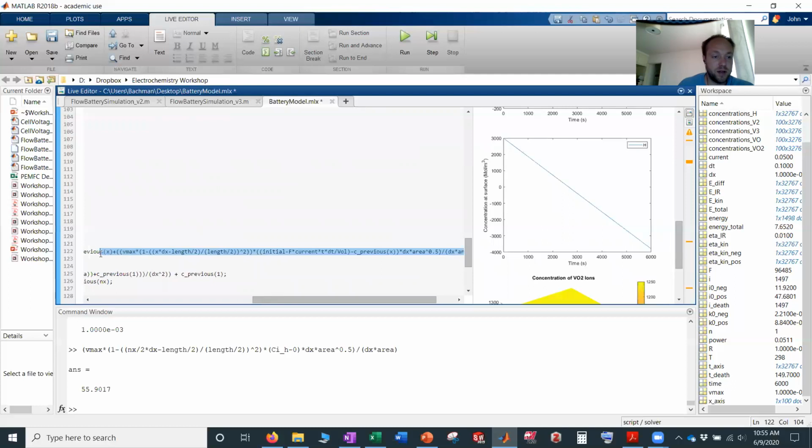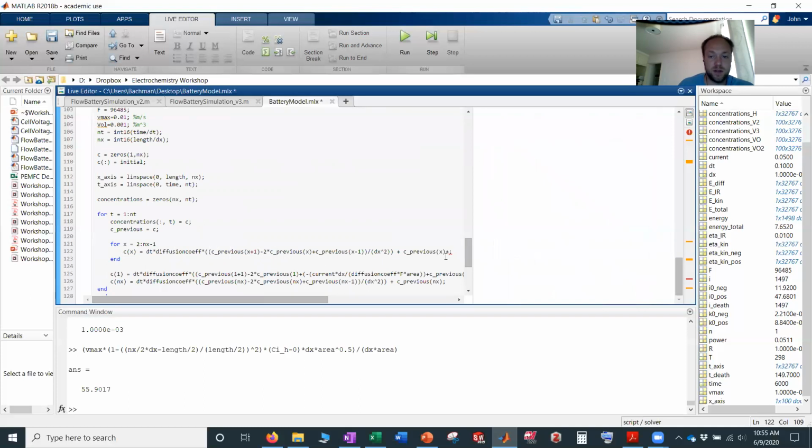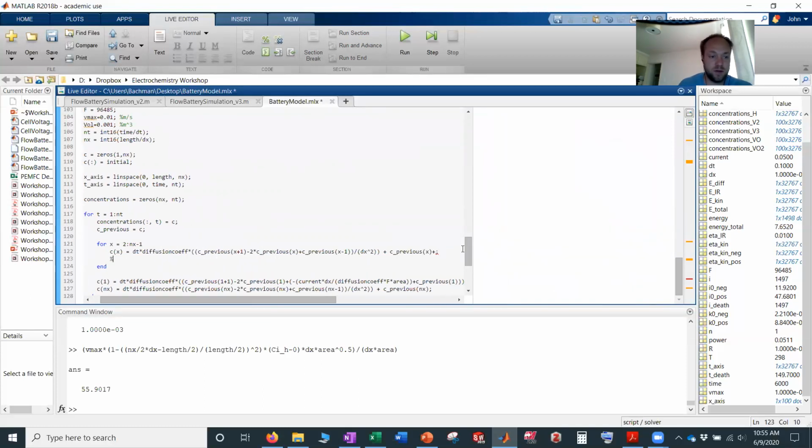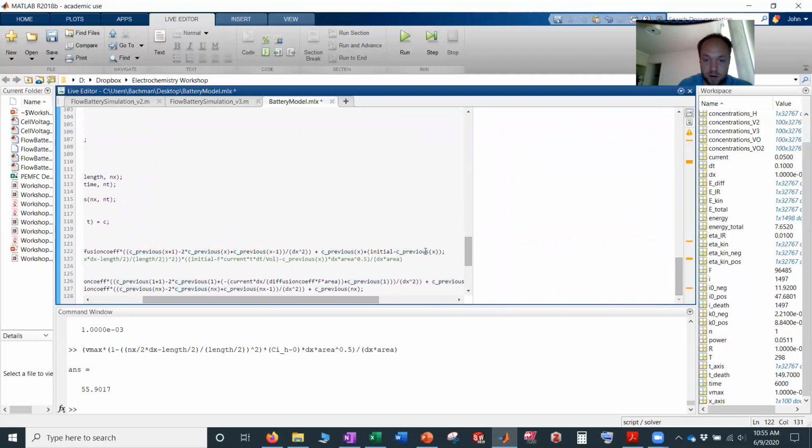So before we get into some of this more complicated physics, I'm just going to see the effects on the code. We could do something where we have a source term that's initial minus C previous of x, and we'll just times this by 0.001.